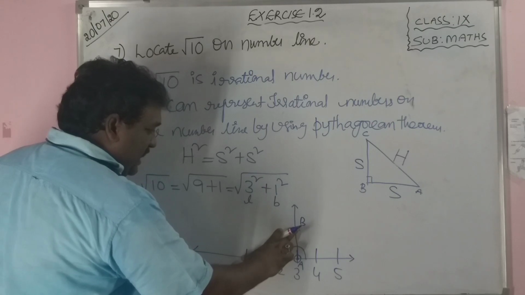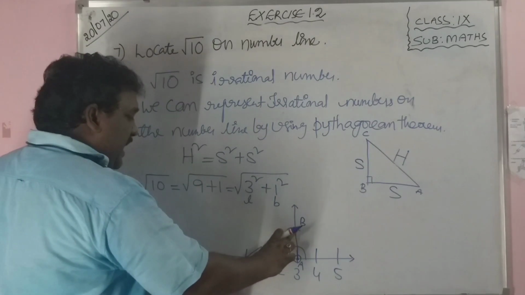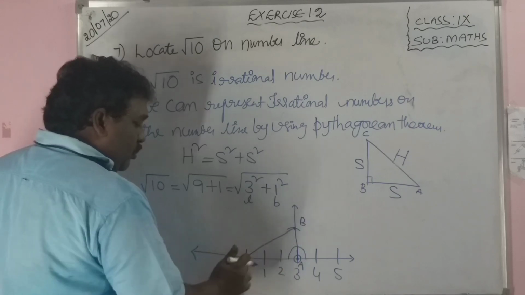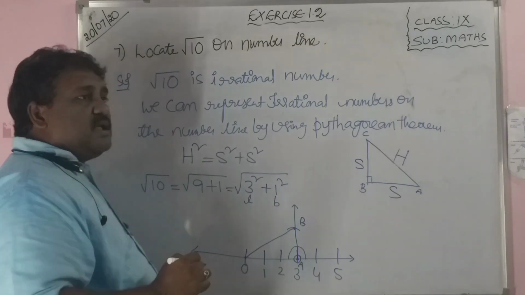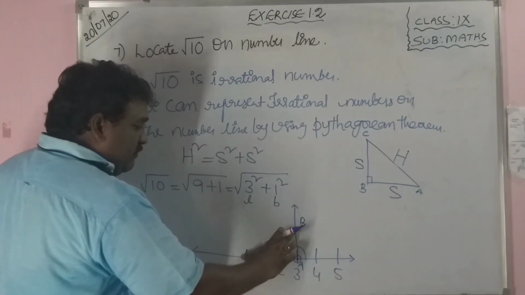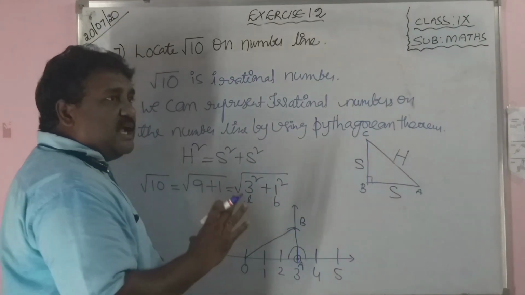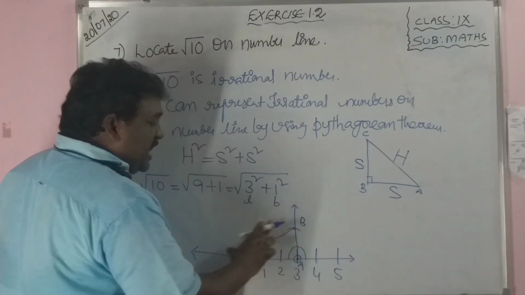Now, with the help of the compass, take OB as radius. Follow clearly. Keep your compass at O. O as center, adjust your compass to OB. That becomes the radius.